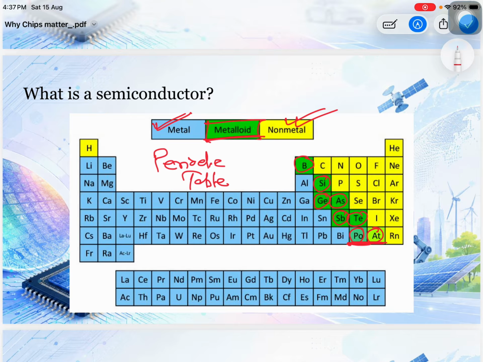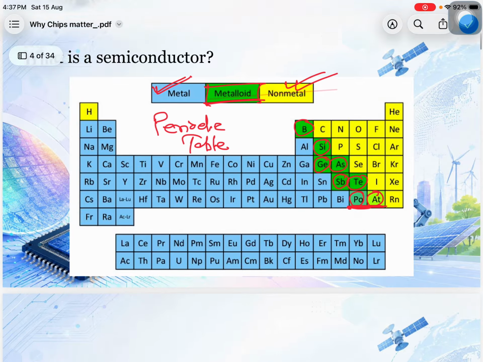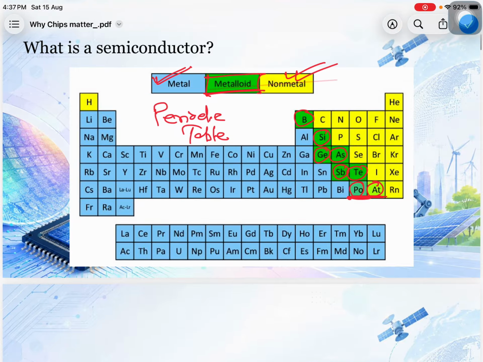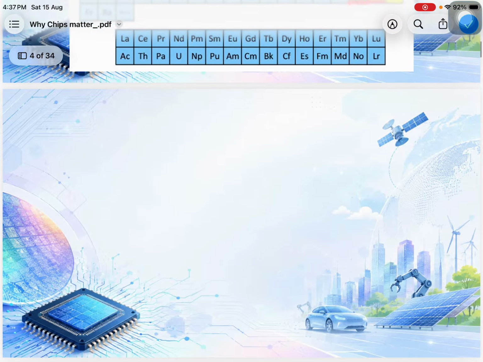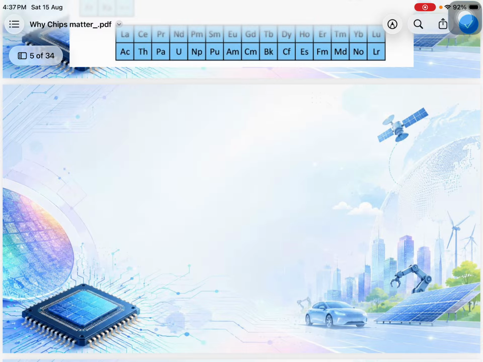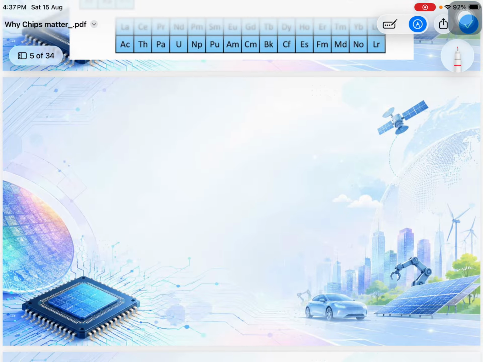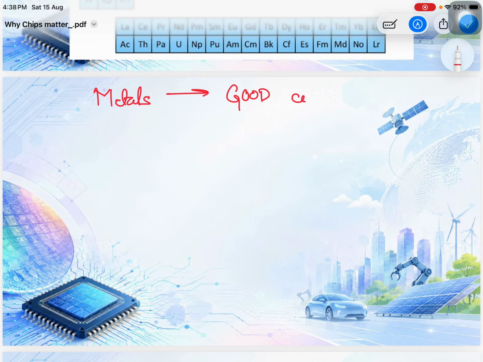So, what is the most fundamental difference between metals, non-metals and metalloids, especially with respect to semiconductors? I believe many of you already know, but we shall discuss this in the beginning. Metals are really good conductors of electricity.